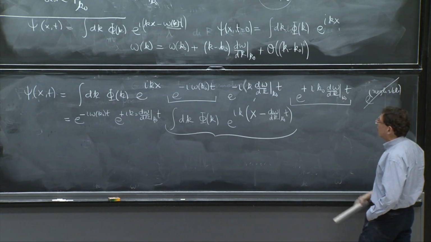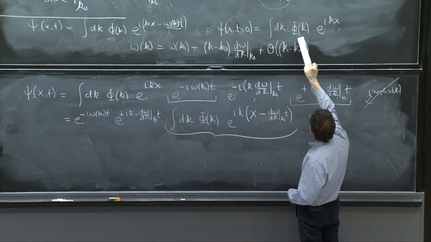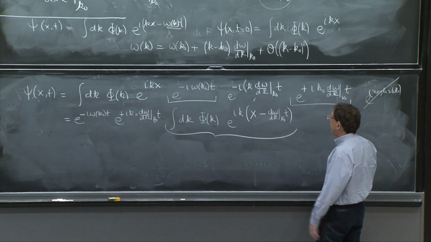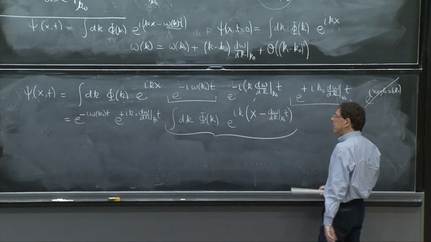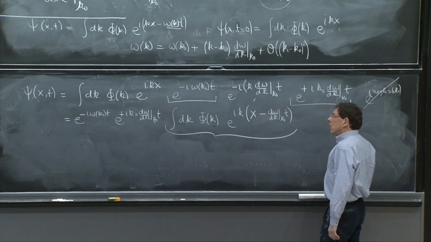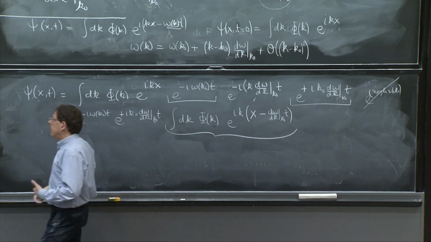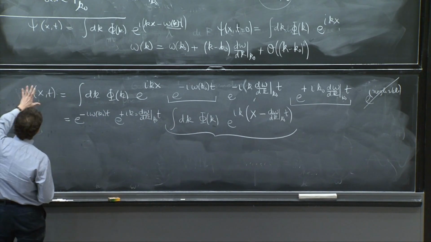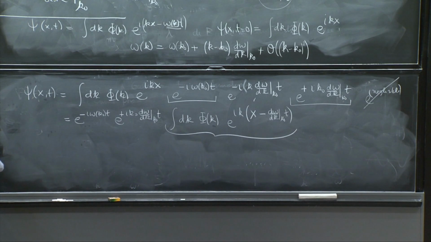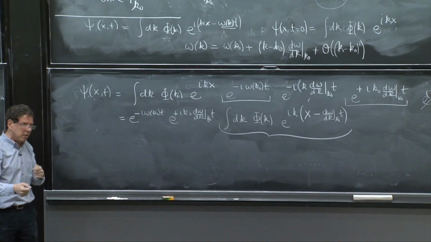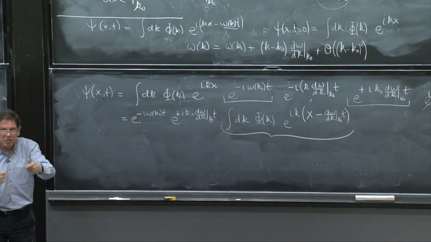It's of the same form: a phi of k integrated with e to the ik and some number that you call x, which has been changed to this. To make it a little clearer, and many times it's useful, if you have a complex number, it's a little hard to see the bump because maybe the bump is in the real part and not in the imaginary part, or vice versa.